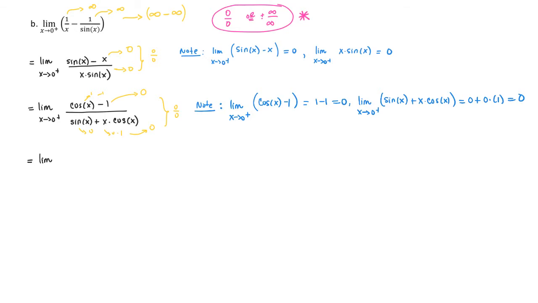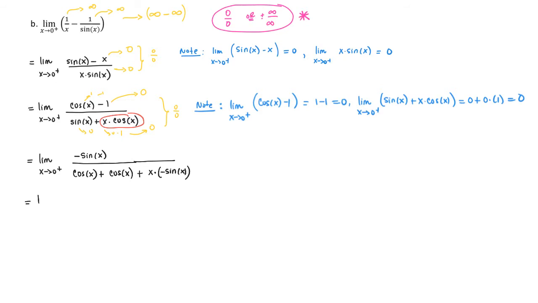So this will be equal to the limit as x approaches 0 from the right. The derivative of the top will be negative sine x. The derivative of negative 1 is 0, divided by the derivative of the denominator. The derivative of sine is cosine of x, and if you notice right here, I'm going to have to use product rule. The derivative of x is 1 times the cosine of x, plus x times negative sine x.